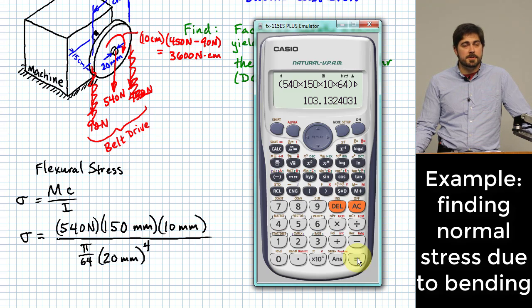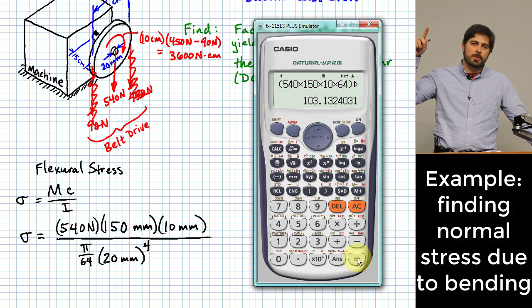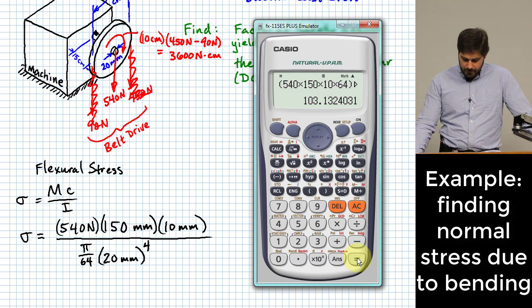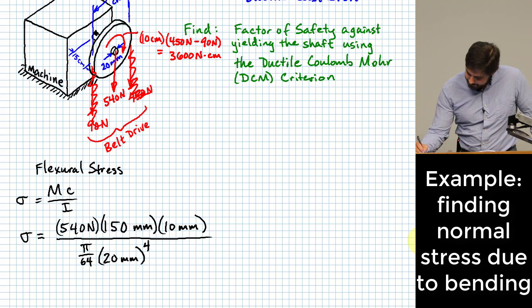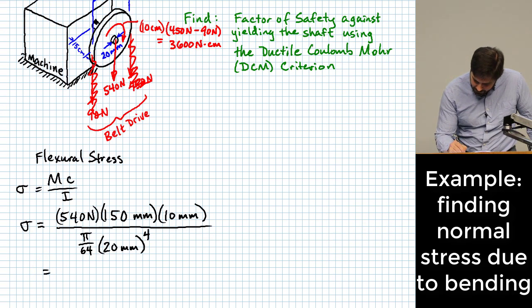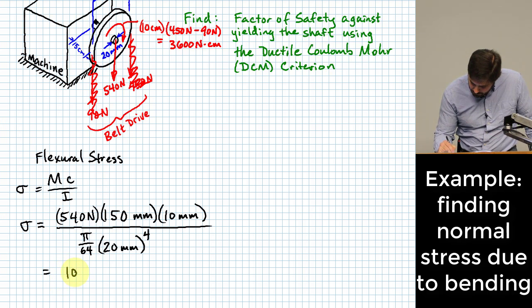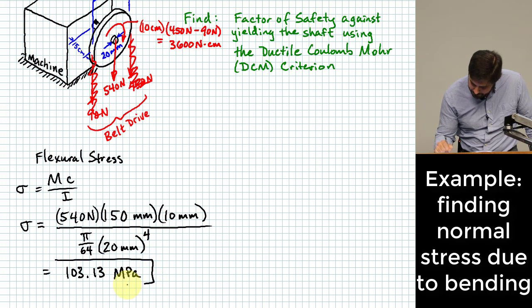Remember, millimeters times 10 to the negative 3, that squared is times 10 to the negative 6. Move to the numerator, it's times 10 to the positive 6, which is a mega, a million. All right? So, what do I have there? 103.13 megapascals.